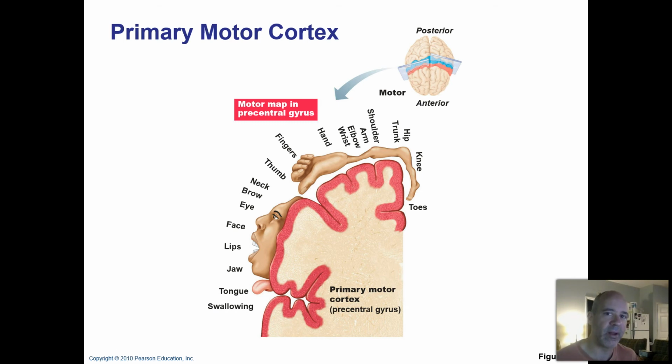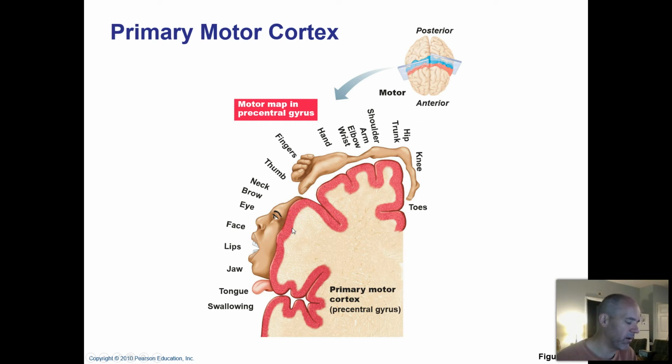Your movements are a little bit clunkier. So you actually don't have nearly as many upper motor neurons in your primary motor cortex that control those muscles. Muscles of the face: think about all the delicate, subtle changes in your facial expressions that can occur. So you actually have a huge strip of upper motor neurons that control your facial muscles.